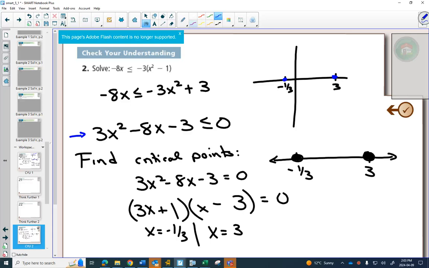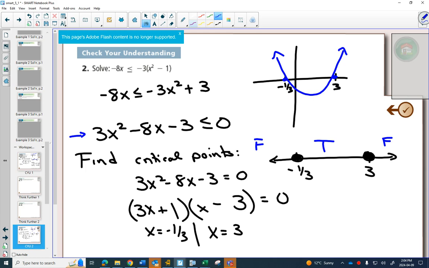It's a positive 3x squared, so that graph looks like this. What are we looking for? Are we looking for where the y values are bigger than 0 or less than 0? We're looking for where they're less than or equal. This section is going to be true. These sections are going to be false.